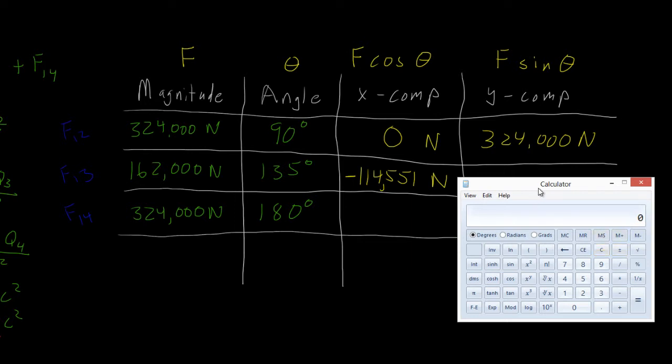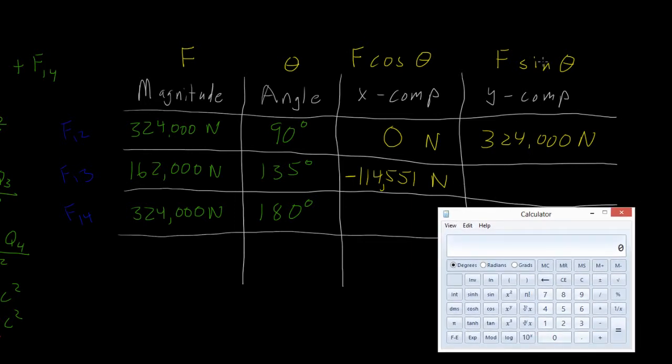So now we'll find the y component, and we'll just take the sine of the angle this time. So 135 is the angle. We'll take the sine, and then we will multiply by the magnitude, which is 162,000. Okay, I get the exact same number, but this time it's positive.